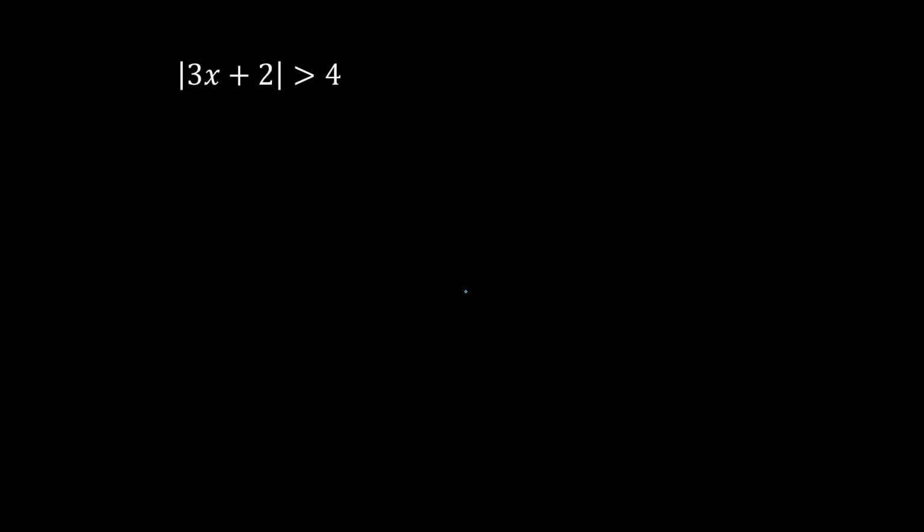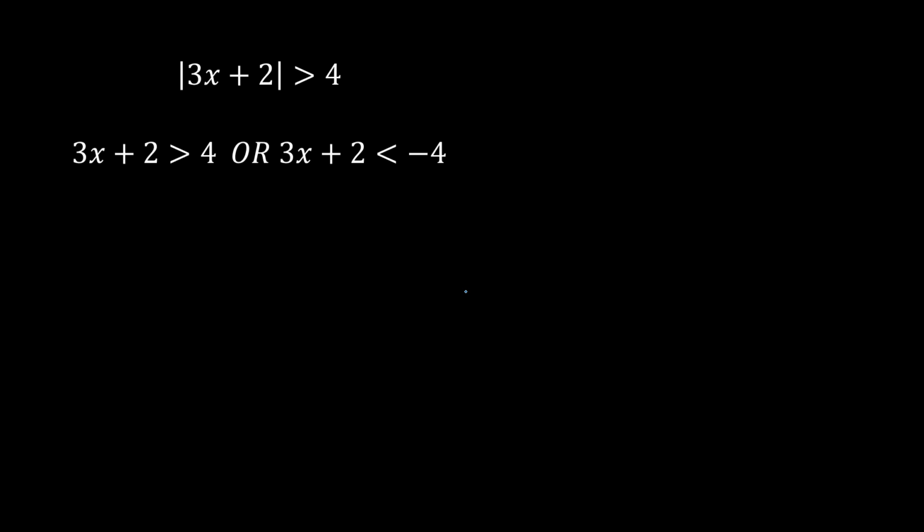We have the absolute value of 3x plus 2 is greater than 4. Now it's already isolated. The absolute value is already by itself. So we can go directly into our 2 cases. And this is where it's a little different. Our 2 cases are going to be, in this case, 3x plus 2 is greater than 4.